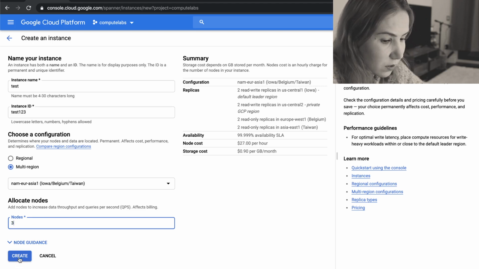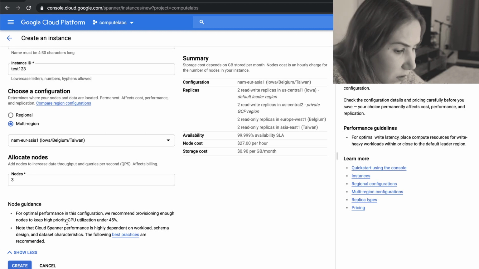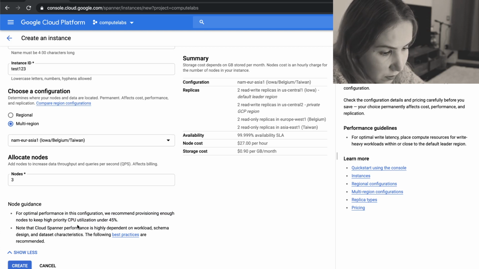And you need more than one node. There's some node guidance here. It tells you about CPU utilization, and you can actually take a look at the CPU utilization from the metrics. It also talks about the workload, schema design, and dataset characteristics.